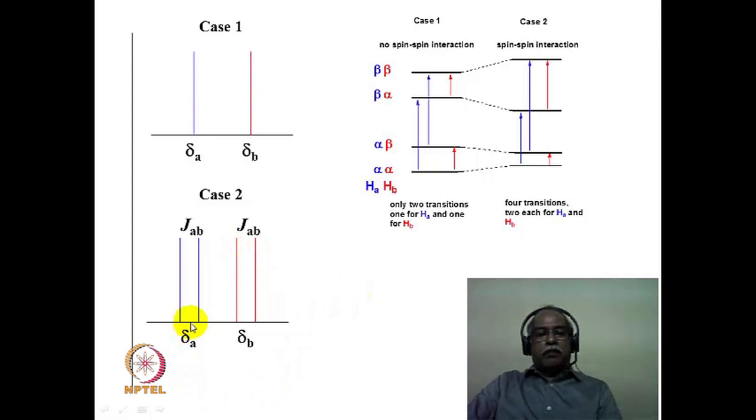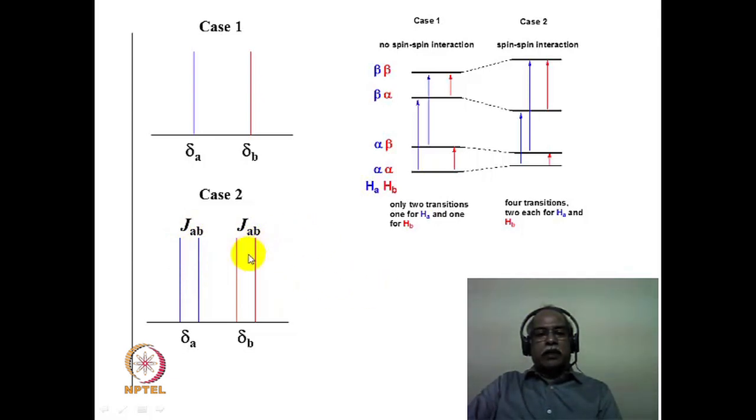The mid portion of the two blue lines is the chemical shift value of hydrogen A, and the mid value of the two lines of HB corresponds to the chemical shift value of hydrogen B. Now J is the coupling constant, which is measured by taking the difference between the two blue lines or the two red lines.